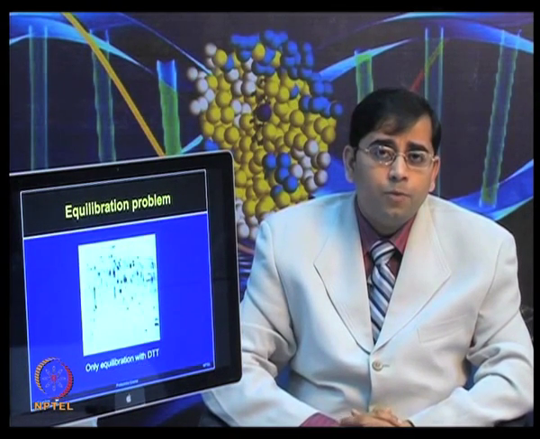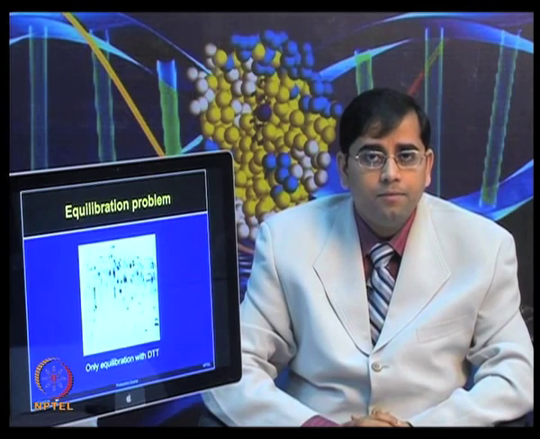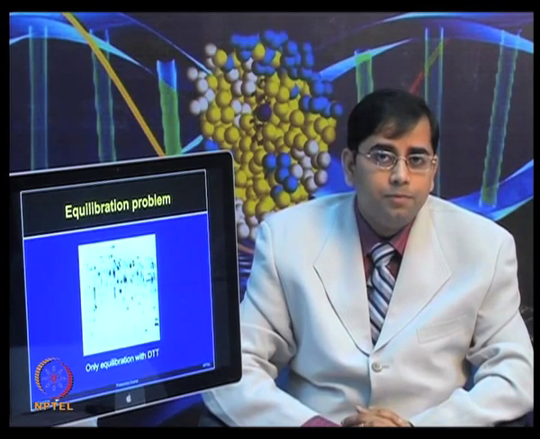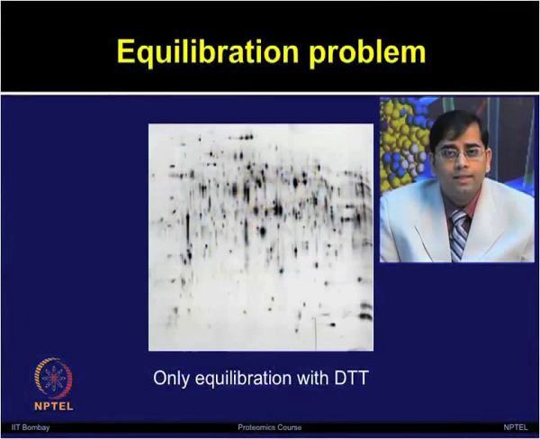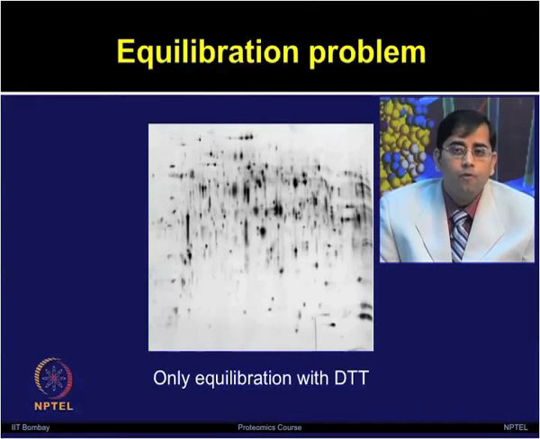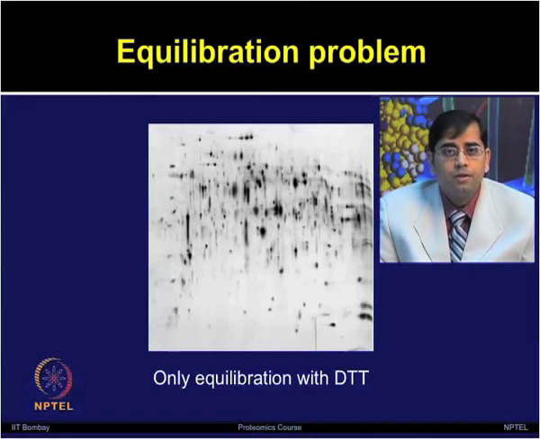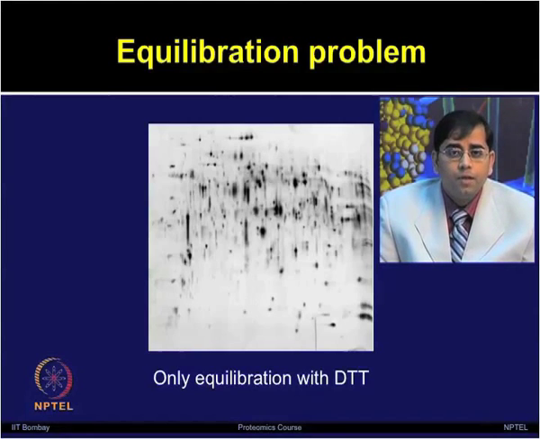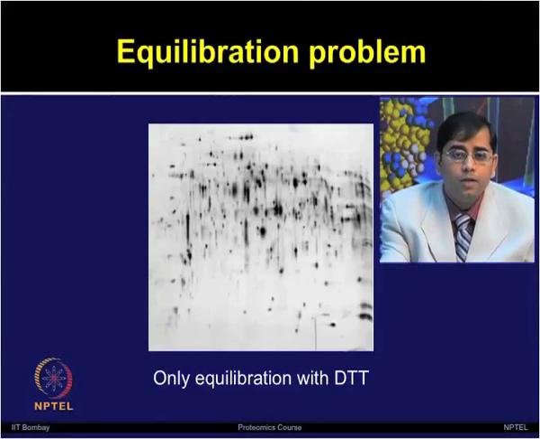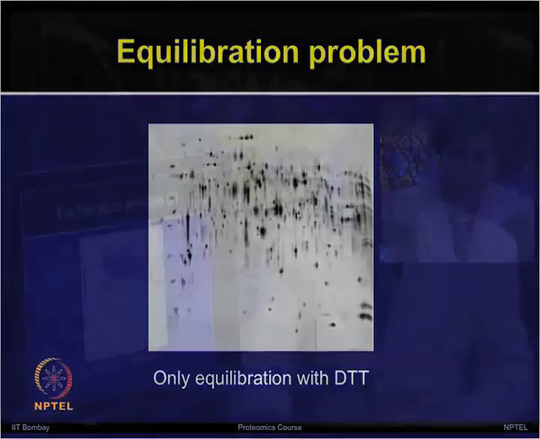Now, after protein extraction and the IEF process is done, one needs to equilibrate the strip. The equilibration process itself can create some problems. For example, if you have performed only the first equilibration with DTT and forgot to do the second equilibration prior to the second dimension separation, then you can see a pattern similar to that shown here, with only DTT equilibration.